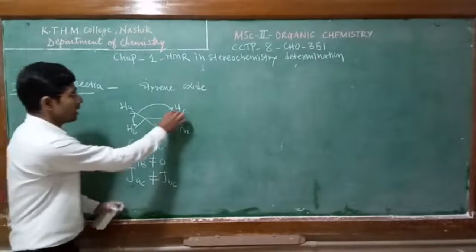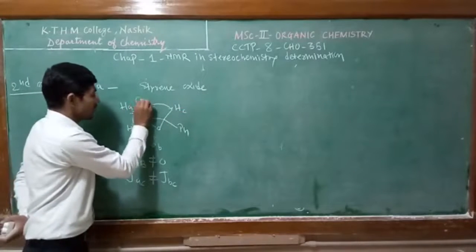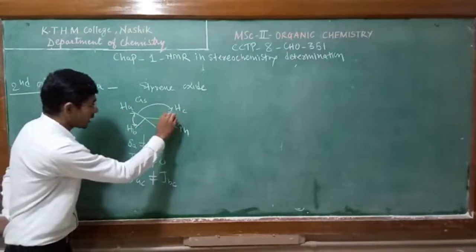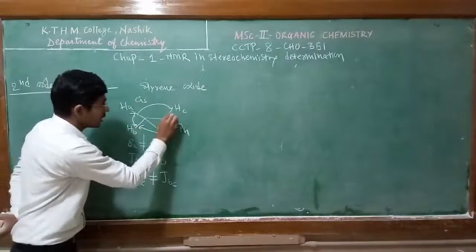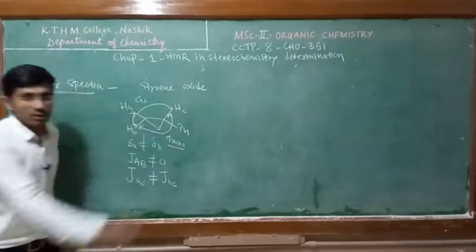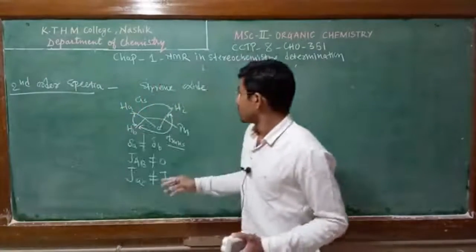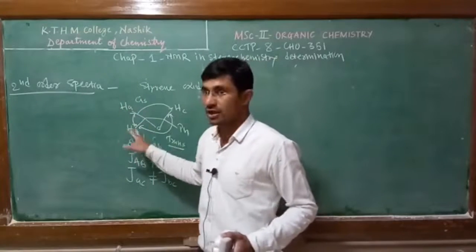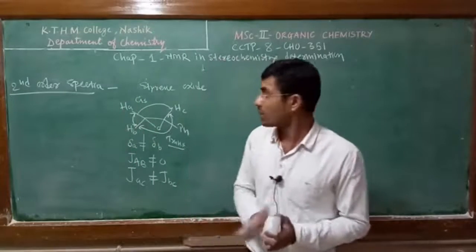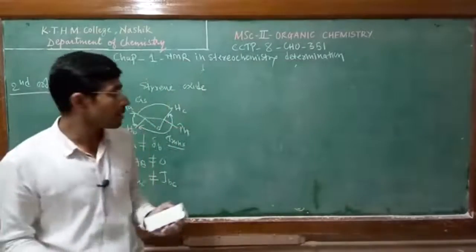So proton Hc couples with Ha proton with cis coupling, while it couples with Hb proton with trans coupling. So the coupling is different here. So these two protons are chemically non-equivalent. Because of that, we cannot apply the n+1 rule here, and our spectra become quite complicated.